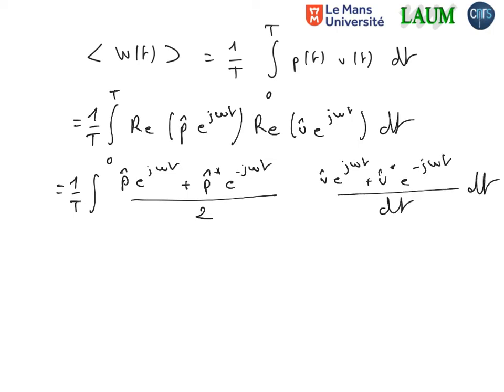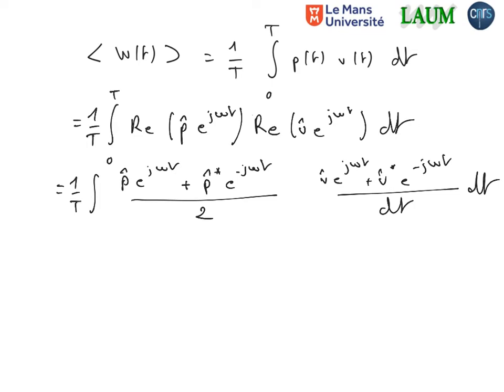We still have a product, but now it involves exponential functions, which are very nice to multiply, and the phase shift is also contained in the complex amplitudes p hat and v hat.